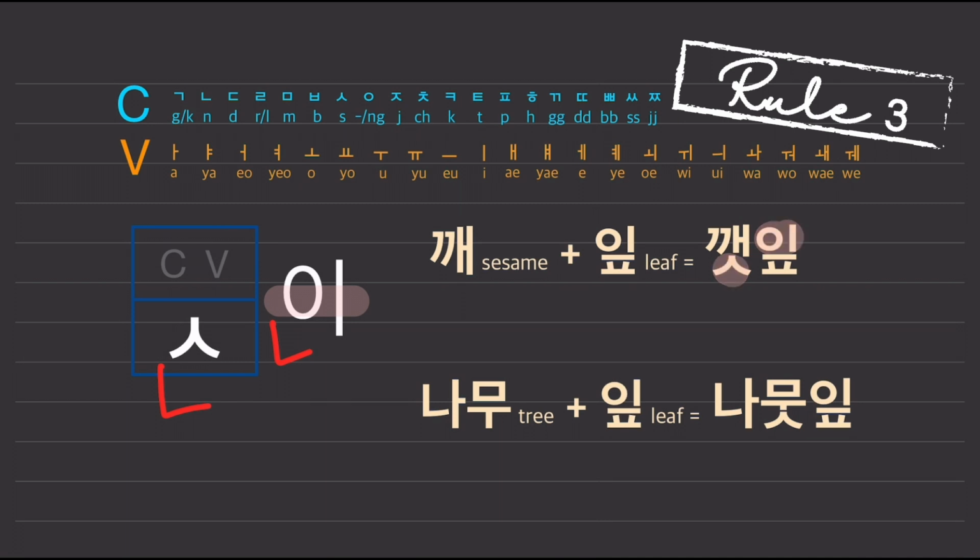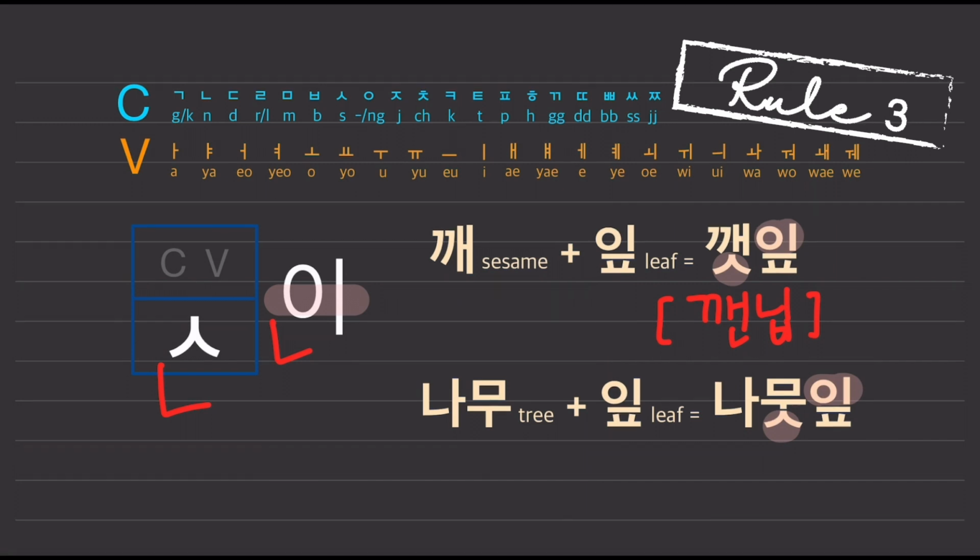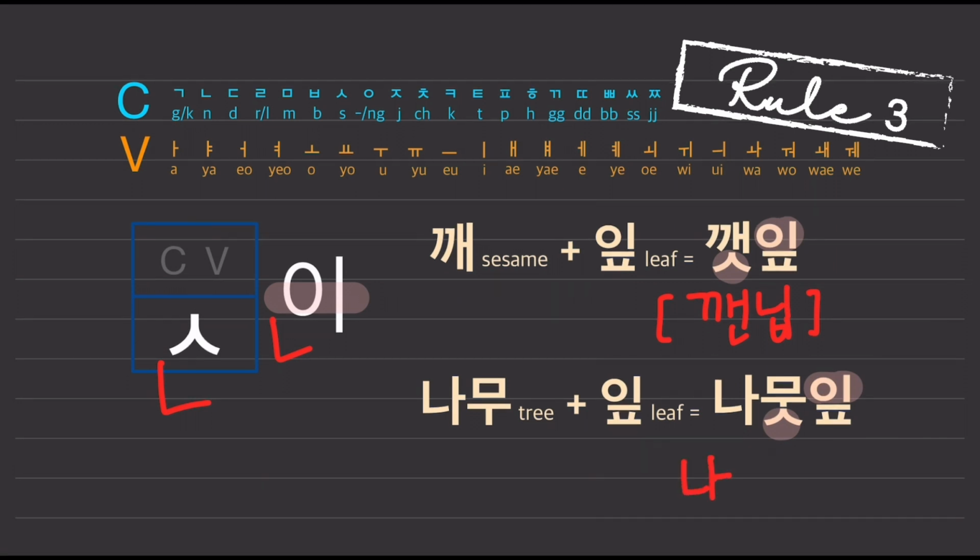But when we read it, we don't read it as 깻잎, either 깨십, but we have to read it as 깻잎. The second one, 나무, tree, and 잎, leaf. So when we combine them together, 사이시옷 is added, and it becomes 나뭇잎. But we don't read it as 나뭇잎, either 나무십, but we have to read it as 나뭇잎.